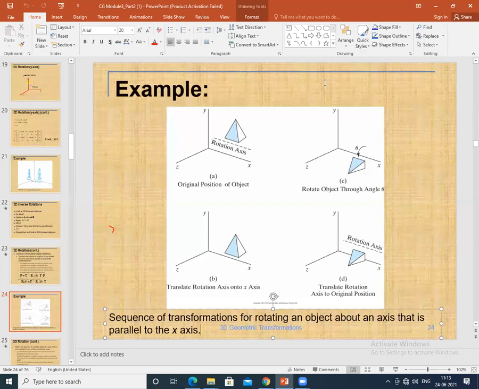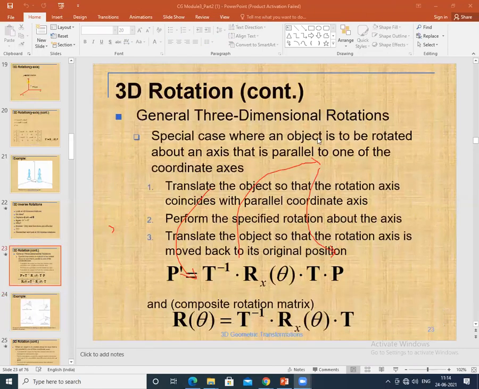So first you translate it, then you rotate it, then you translate it back. It is the same thing as pivot point rotation in two-dimensional transformation. We are going to apply the same concept in three dimensions. That is, given the point P, translate the object so that the rotation axis coincides with the parallel axis, then perform the rotation about the axis, then translate back.